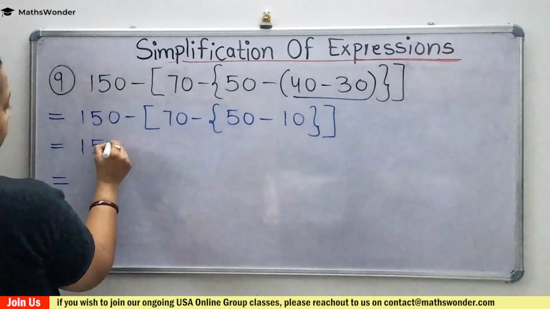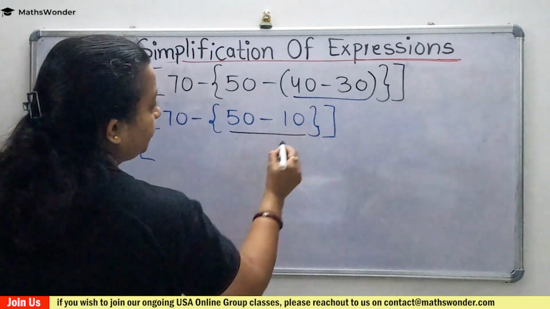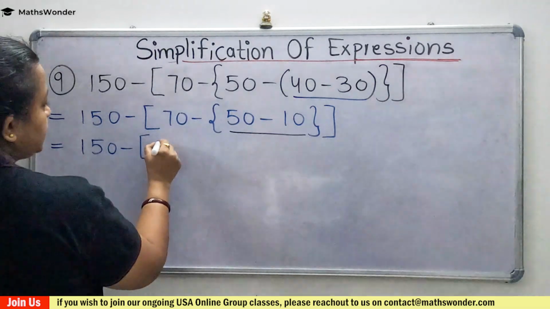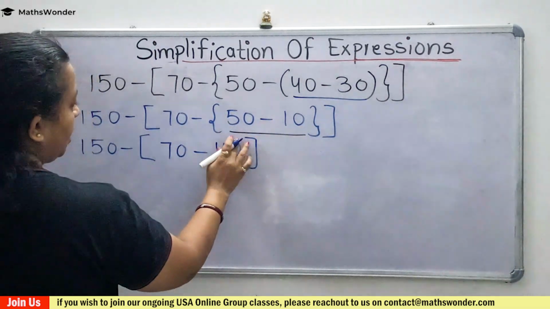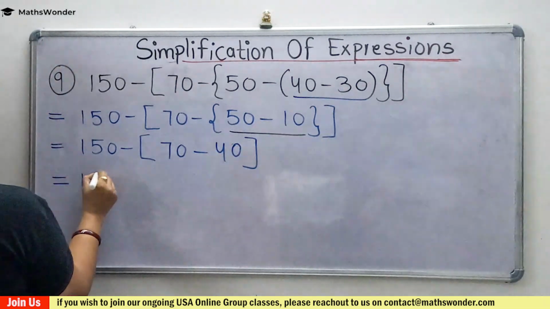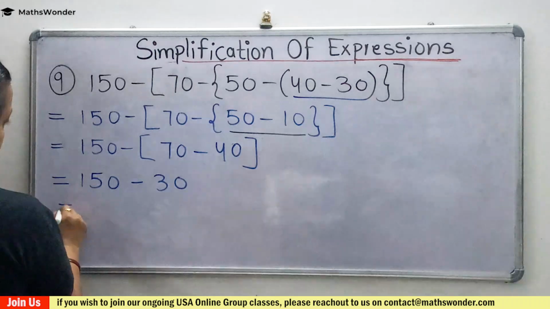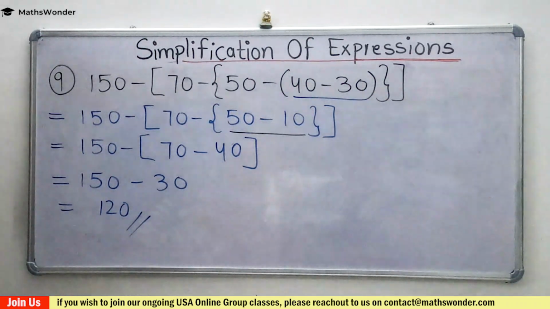Now after this, which parenthesis will we be solving here? This one, curly. So 70 minus 50 minus 10 will be 40. And now close it, the square. Now 150 minus 70 minus 40 will be 30. So your answer will be 120 final. Easy? Step by step we'll solve the parentheses and then calculation, and then we'll get the answer perfectly.